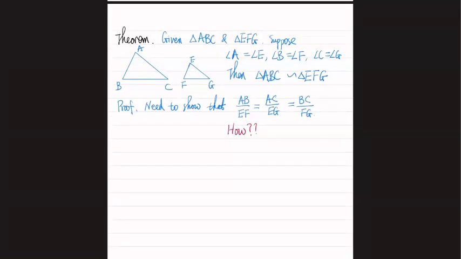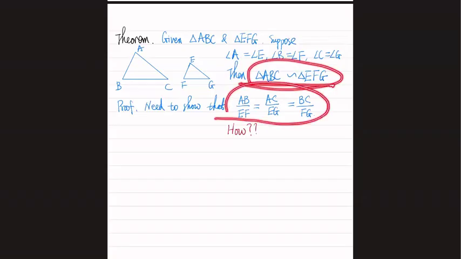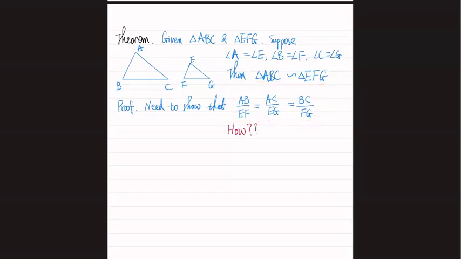Okay, now our condition. The angles have the same measure. But we want the two triangles to be similar. What's missing? The sides have the same ratio. Why? How do we check this?